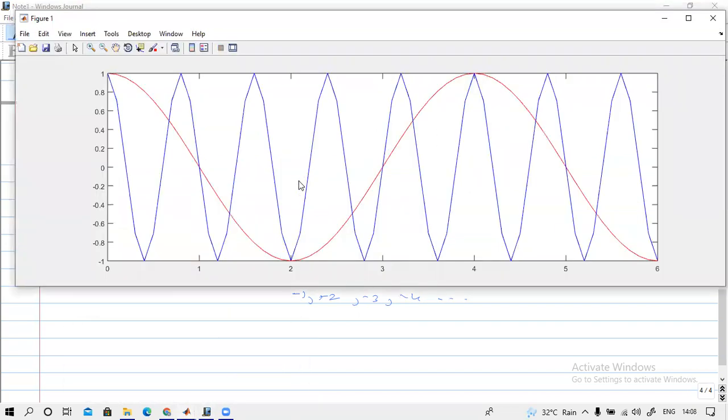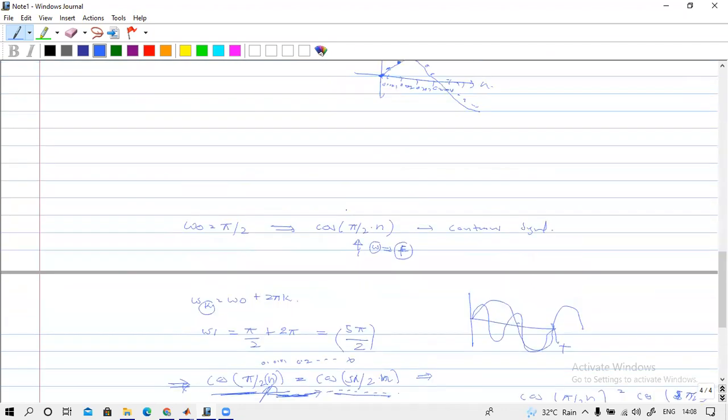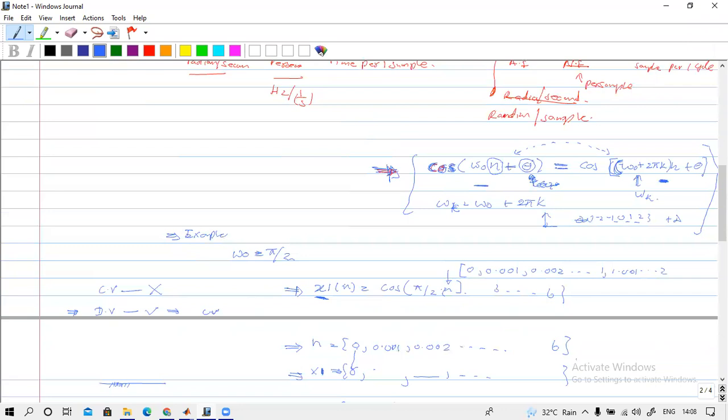You can see at 1 it is same, 2 same, 3, 4, 5, 6 same. In our example we considered n from 0 to 6 in steps of 0.001 and so on, but if you consider only integer values of n, this condition will be satisfied. Note that this condition is satisfied only when n is an integer.